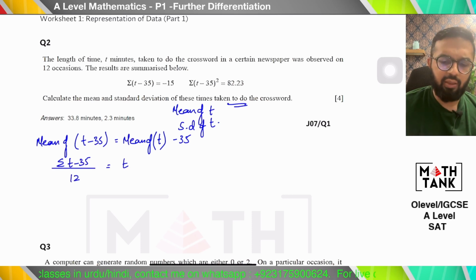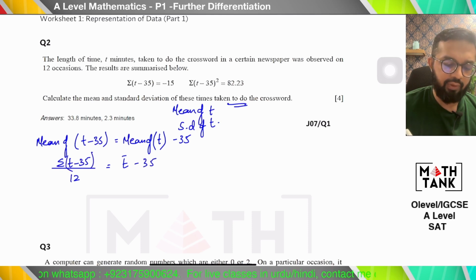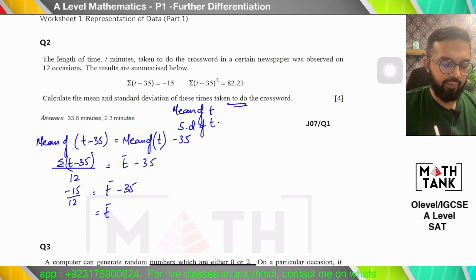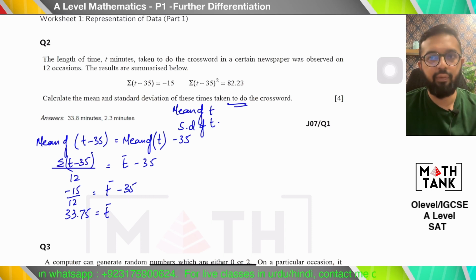I need the mean of t, so I'm just going to write t bar minus 35. What is the mean of t minus 35? I've given you that as minus 15. So t bar is equal to 35 minus 15 over 12, which is 33.75.